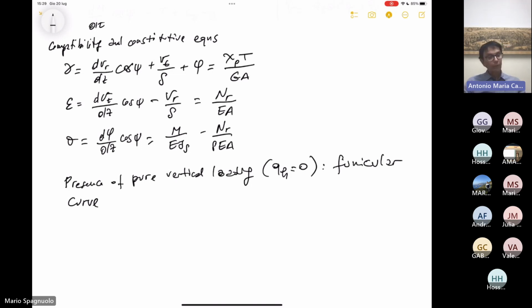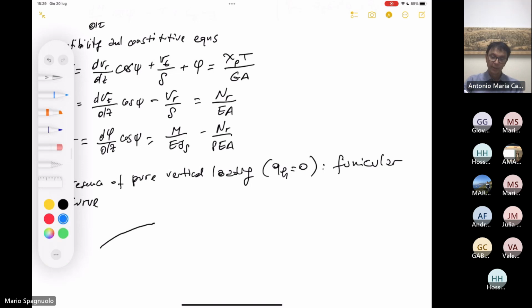So if we take an element of the arch, we want the presence of only an axial force that we will assume positive in compression.